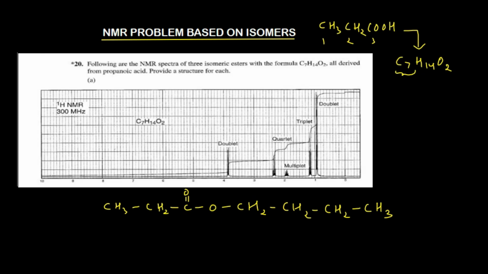Then what are the other esters which you can write for this one? The second ester you can write only by adjusting this alkyl part, this butyl part. First of all, this is your normal butyl, okay? And then you may write another structure. This would be your CH3, this is CH2, this is C double bond O, this is O, and then you can write your next structure, which will be CH2, CH, and CH3, and you can give one branch over there.